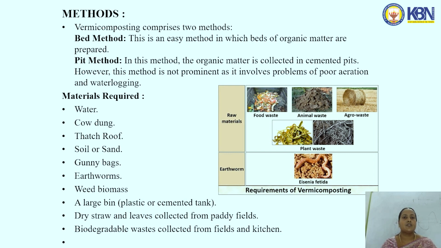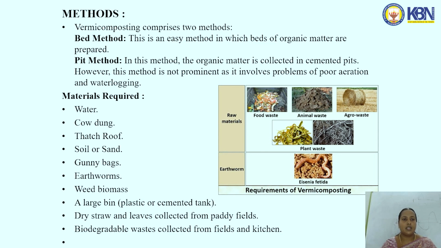Vermicomposting comprises two methods. Bed method: this is an easy method in which beds of organic matter are prepared. Pit method: in this method, the organic matter is collected in cemented pits. However, this method is not prominent as it involves problems of poor aeration and waterlogging.